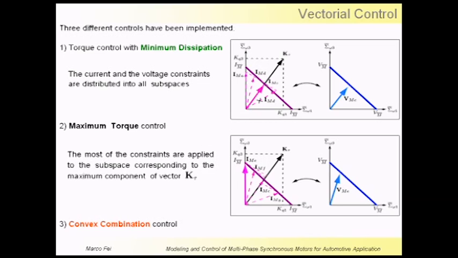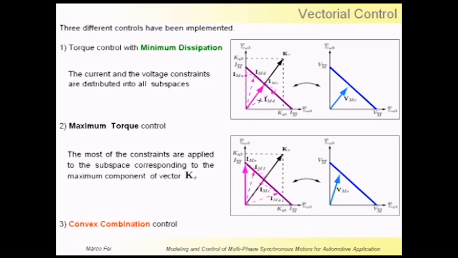In the first control, the current vector is parallel to the torque one. In this way, it's possible to minimize the dissipation of the system, and in this control, all the current and voltage constraints are distributed into all subspaces. The second control maximizes the torque production of the multi-phase synchronous motor.